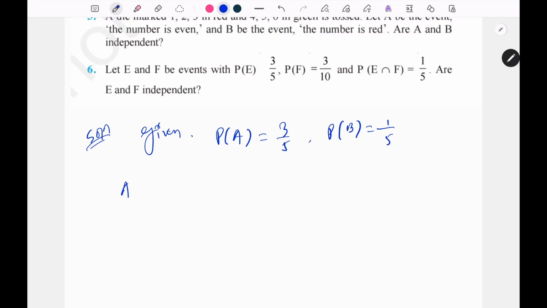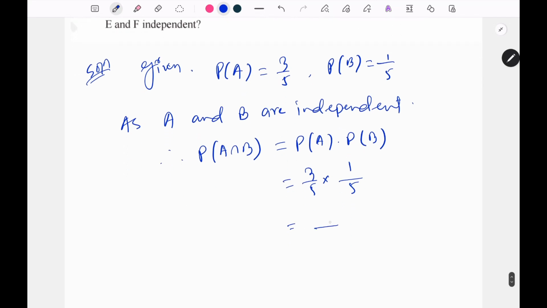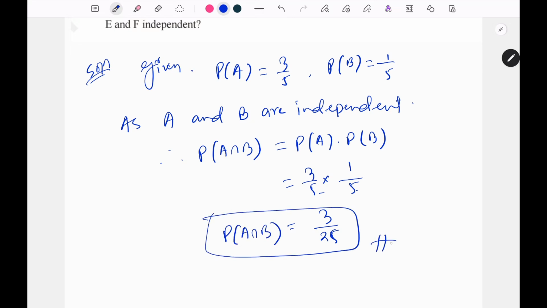Now as A and B are independent, therefore the probability of A intersection B is the probability of A into the probability of B. So the probability of A is 3 by 5, and the probability of B is 1 by 5. So the final answer will be 3 by 5 into 5, 25. So the probability of A intersection B is 3 by 25.